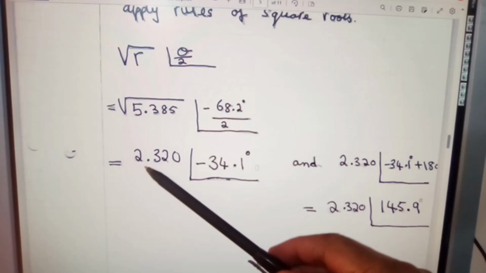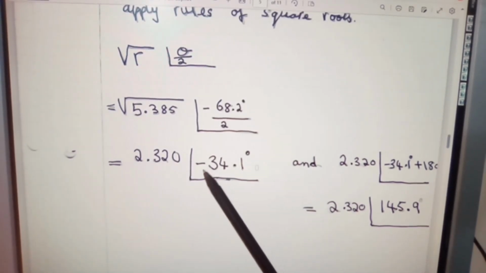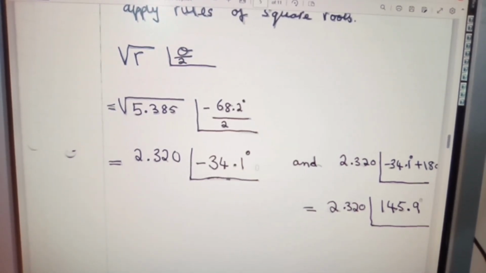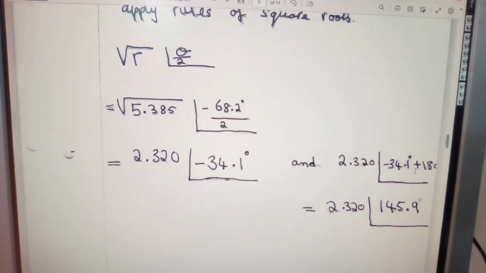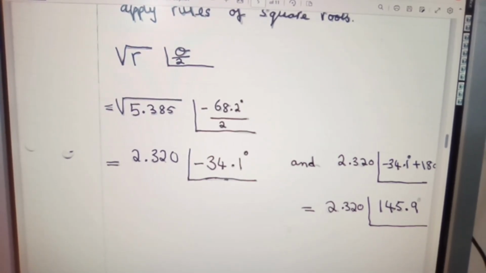That then brings us down to 2.320 at minus 34.1 degrees, and also minus 34.1 degrees plus 180. And that's just an AND function, of course. And of course 2.320 at 145.9 degrees.